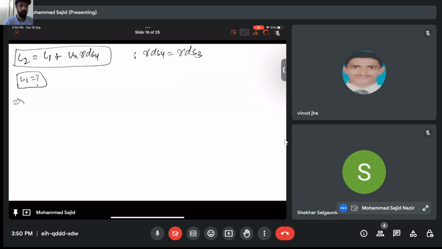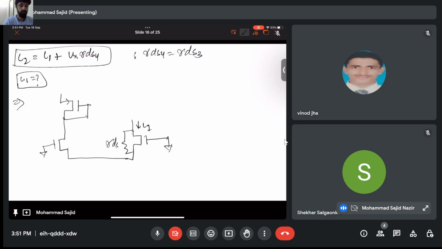Alright. So this is your circuit through which the I1 can flow. This has a resistance of RDS2. This has its own resistance of RDS1.